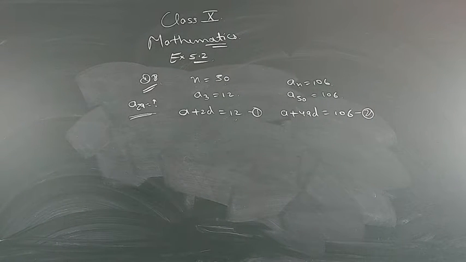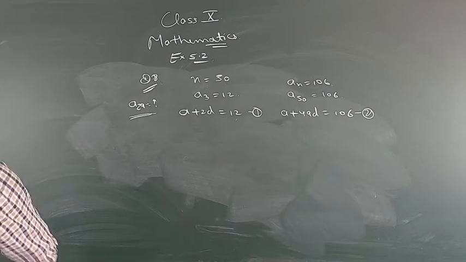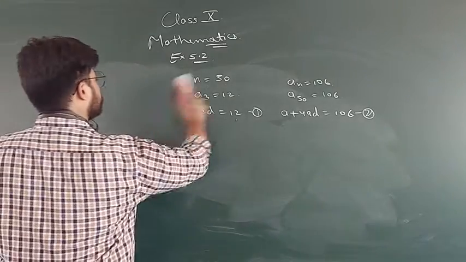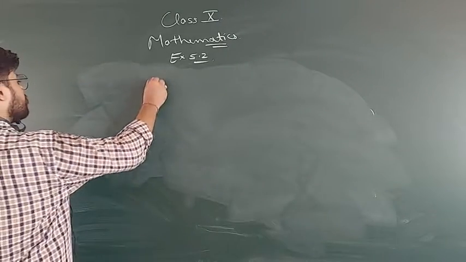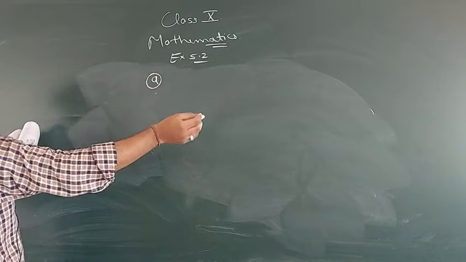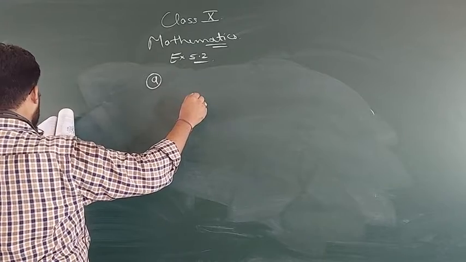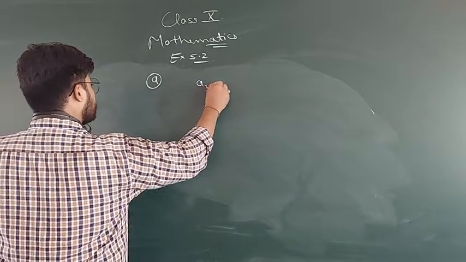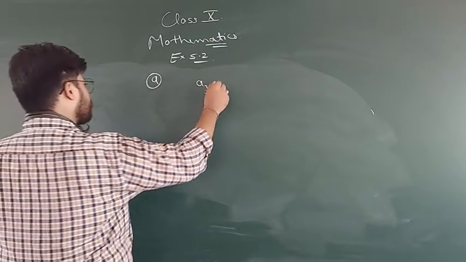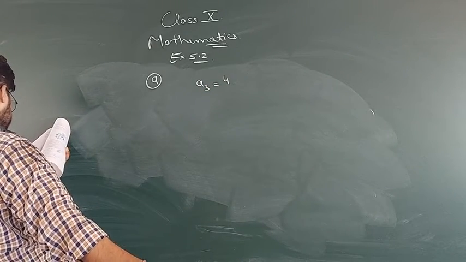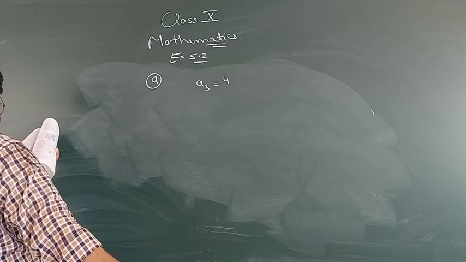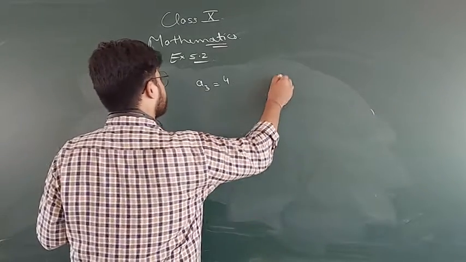Now question 9th. If the third term and the 9th term of an AP are given as 4 and minus 8, which term of the AP is 0? A good question is this one. A3 is given as 4 and the 9th term is minus 8.